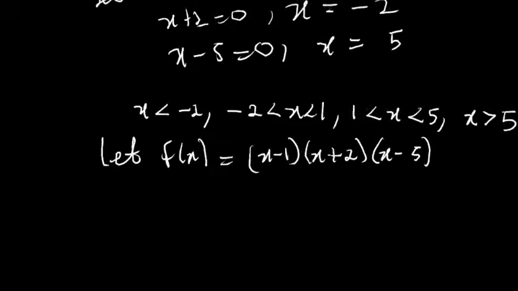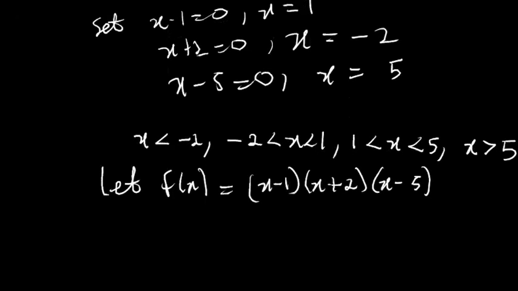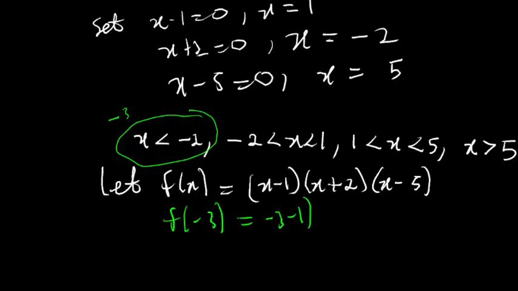Now, the first inequality we have here is x less than minus 2. Now, think of a number that is less than minus 2. Let's say minus 3. If you put minus 3 here, what will happen? We have minus 3 minus 1, minus 3 plus 2, and minus 3 minus 5.